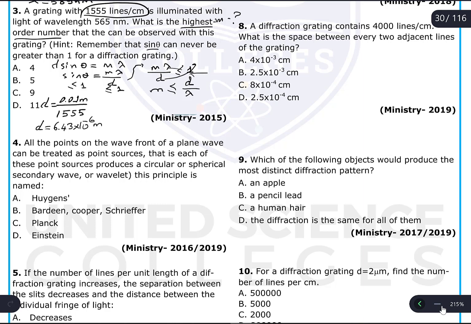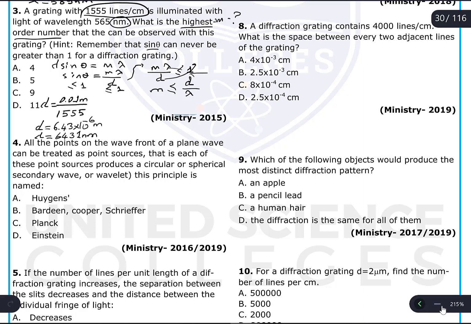I have to convert it to nanometer because wavelength is given in nanometer. So d is going to be, if I multiply this number by 10 to the power of 9, 6,431 nanometer.